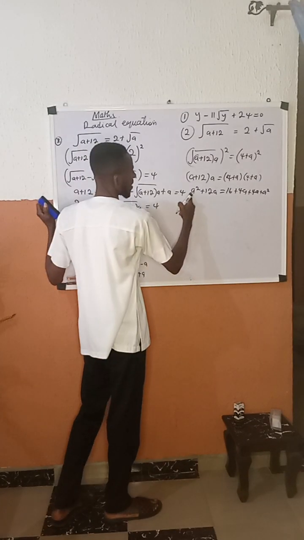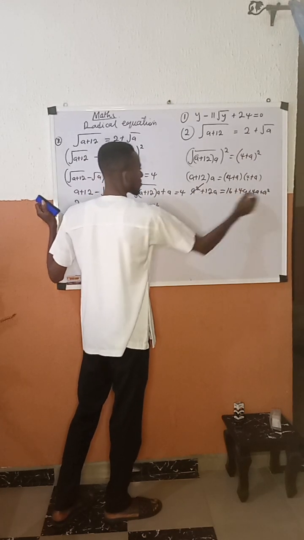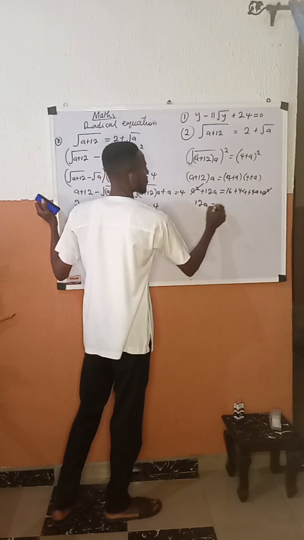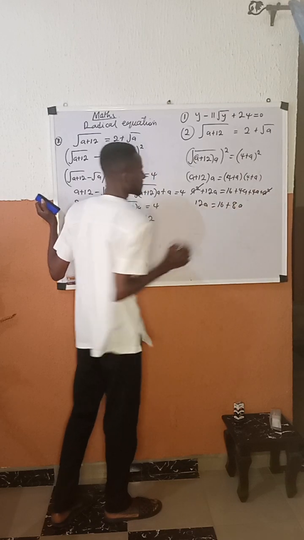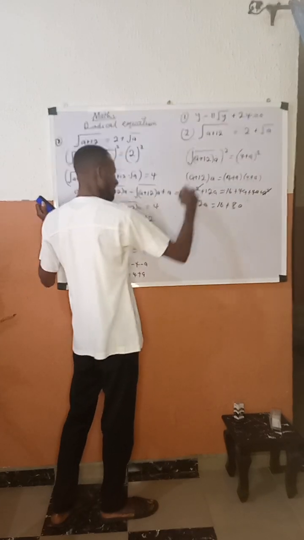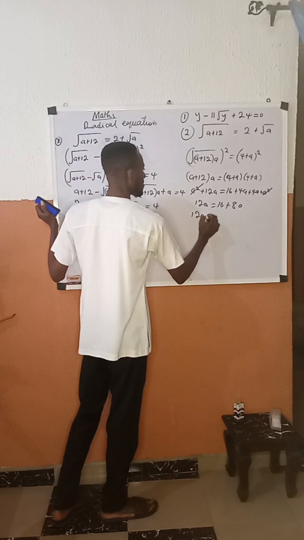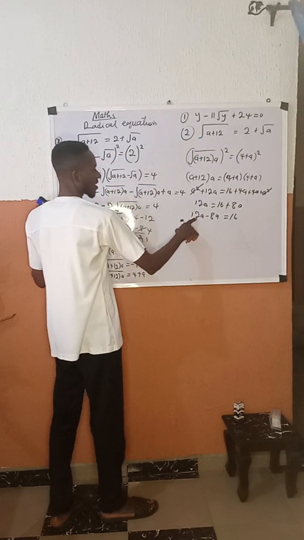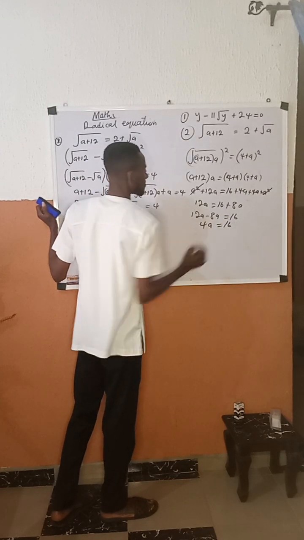Of course, I have A raised to power 2 at the left hand side and A raised to power 2 at the right hand side, so this will cancel this. So I'm left with 12A equals 16 plus 4A plus 4A, which is 8A. This one is in A, this one is in A, so I can bring this 8A to the left hand side of the equation, and it becomes 12A minus 8A equals 16. 12A minus 8A is 4A equals 16.